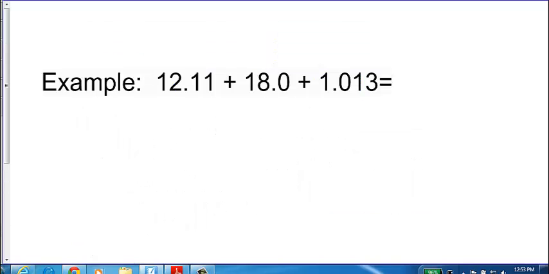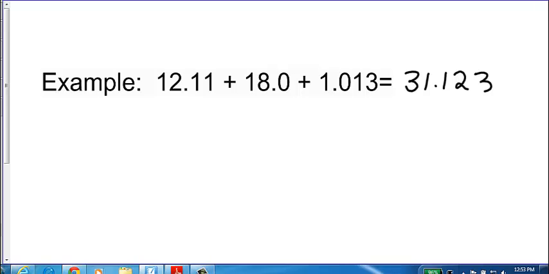So let's apply that rule to a problem. All we're going to do is round. If I am adding these numbers, I just add them in my calculator, 12.11 plus 18.0 plus 1.013, and the number I get is 31.123. So you add them and write out the whole big long answer and then round it, following that rule.